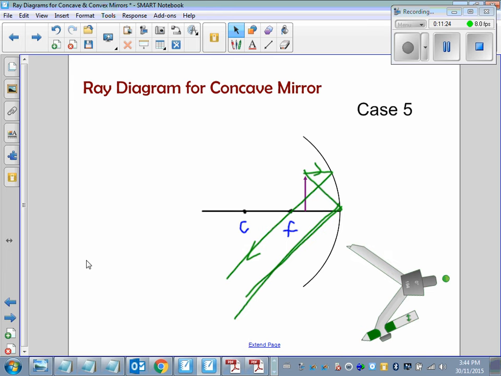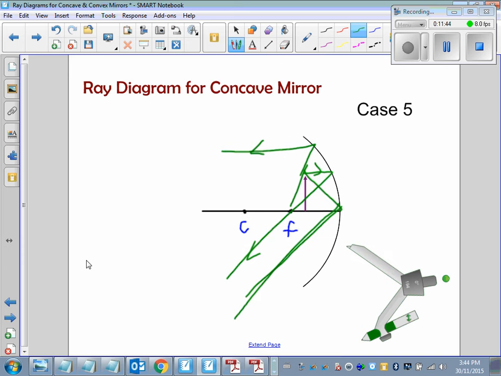If we wanted to take the focal point one, we would have to extend to the focal point and know that it would be reflected parallel. So I'm just going to show that. We extend it from the focal point and it is reflected in parallel.